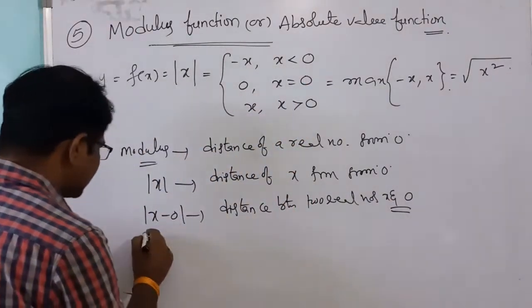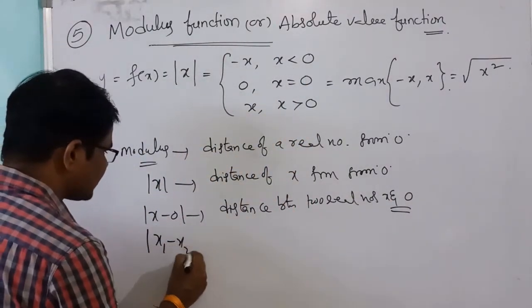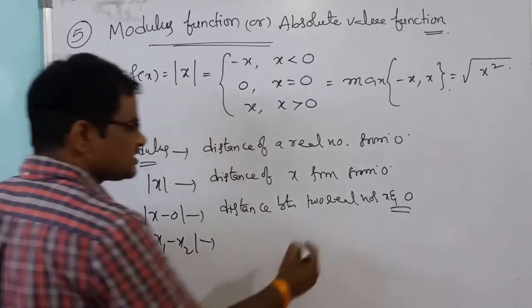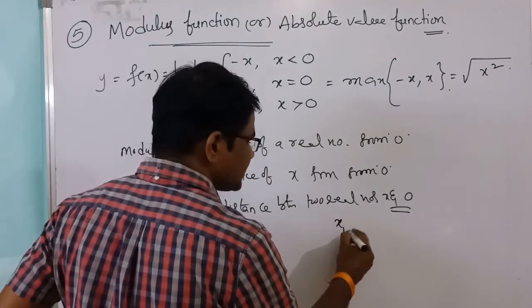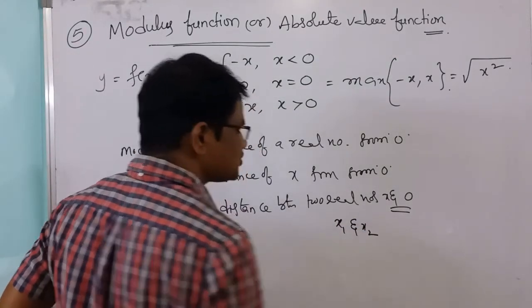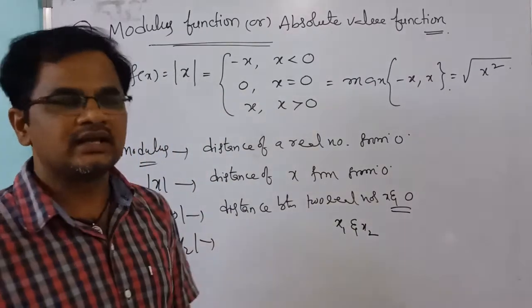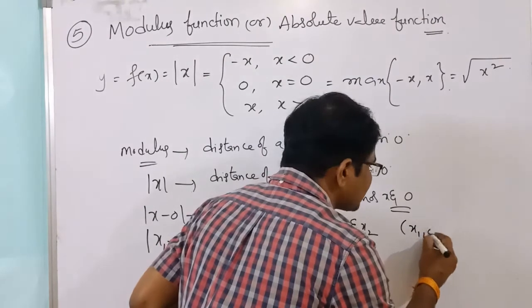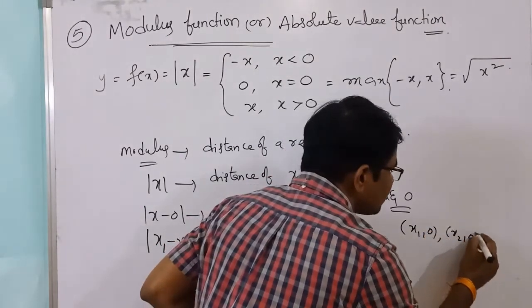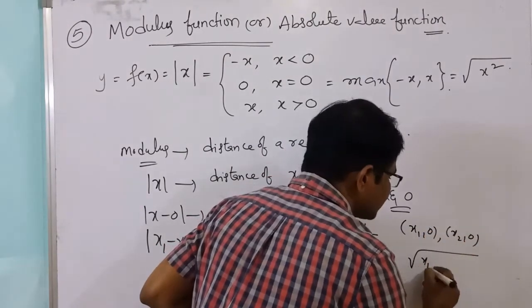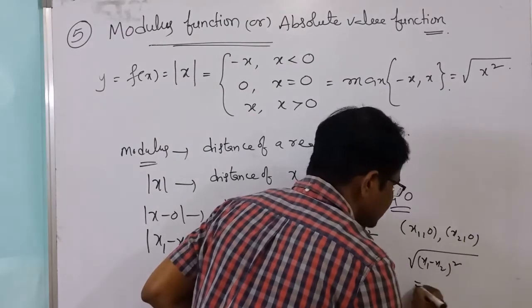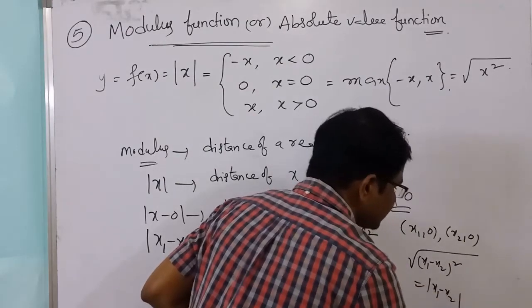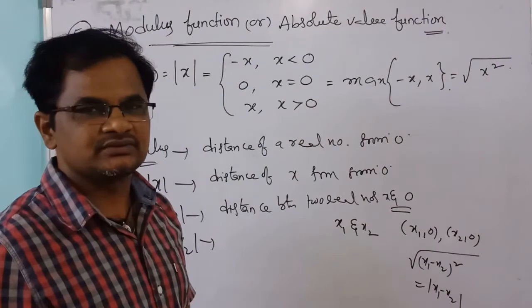Or if you write like this, modulus of x1 minus x2 is the distance between two real numbers x1 and x2 on the real number line. Means nothing but the distance between the two points x1 comma 0 and x2 comma 0. So root of x1 minus x2 whole square is equal to modulus of x1 minus x2.